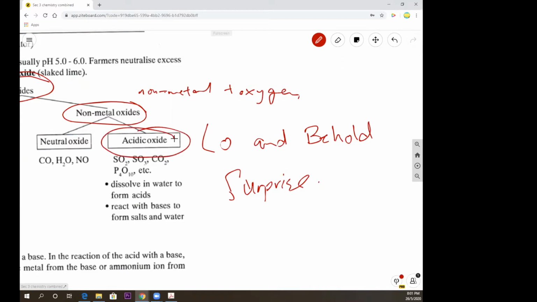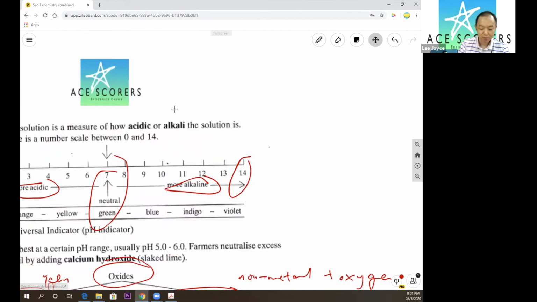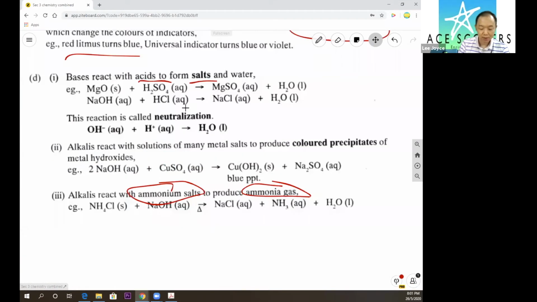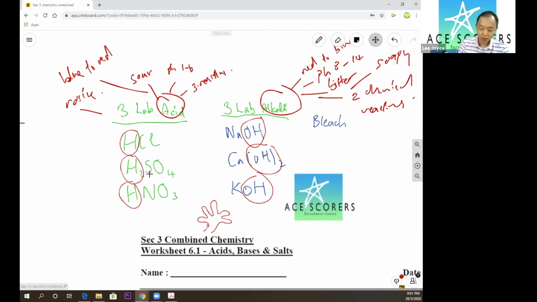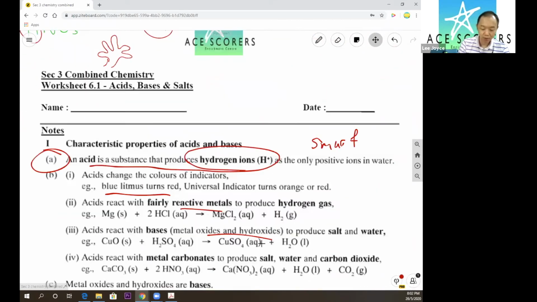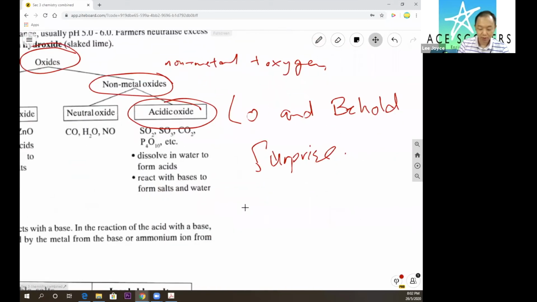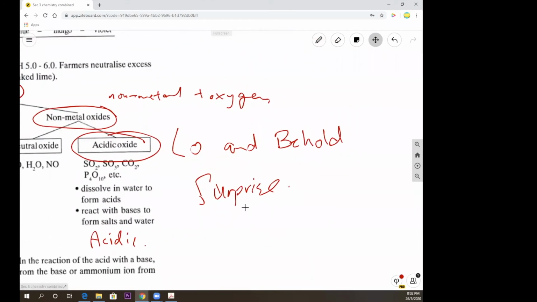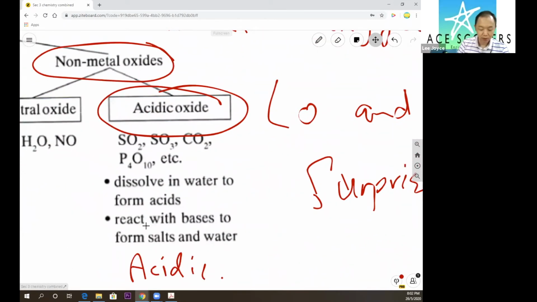That means these stuff are acidic. Just now when I said all acids are hydrogen, it's also not true, because they discovered that if you take non-metal plus oxygen, you get acidic stuff. Stuff like SO2, SO3, CO2, P4O10, when they dissolve in water, they actually become acidic.